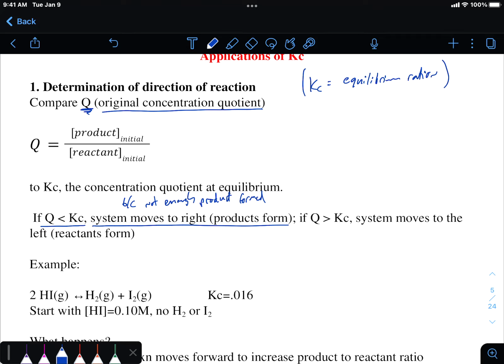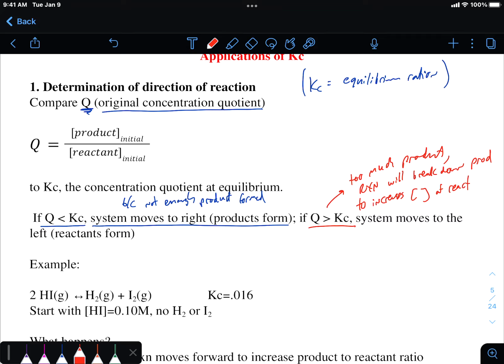If the opposite is true, if Q is larger than Kc, that means there's too much product. The reaction will break down product to increase the concentration of reactant.